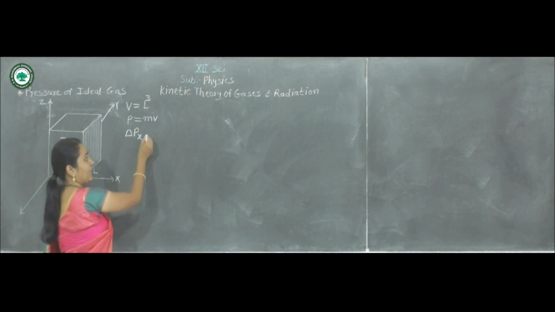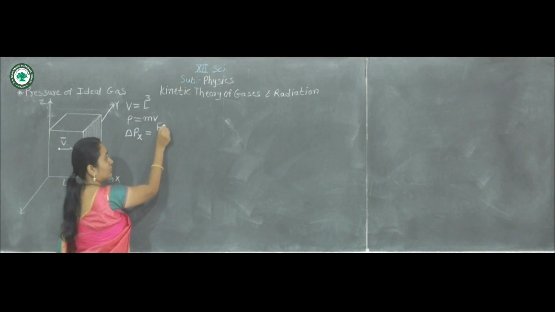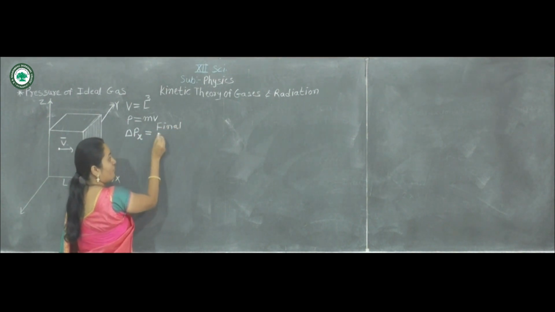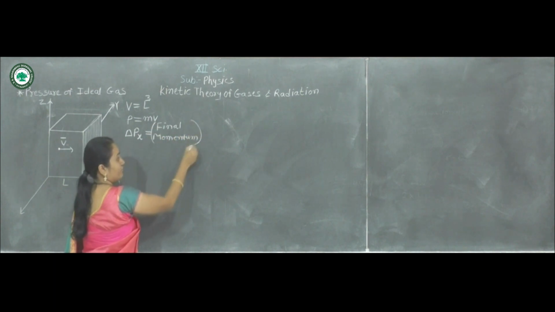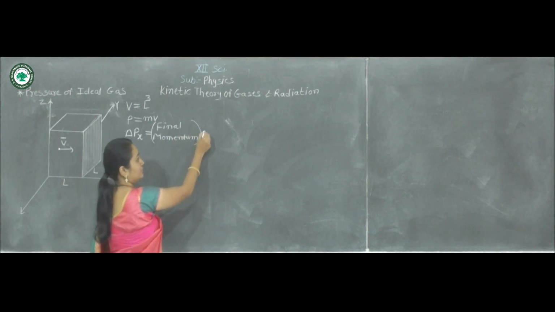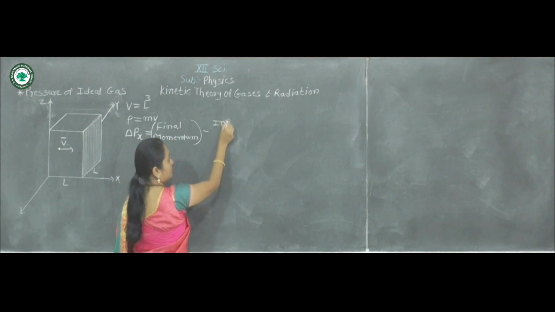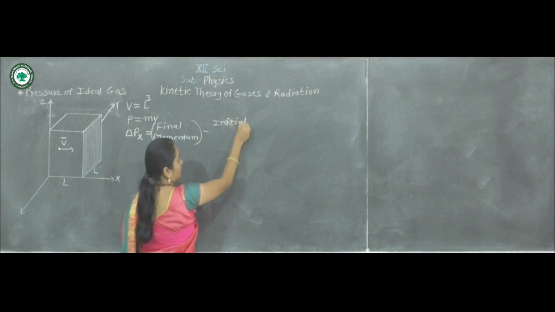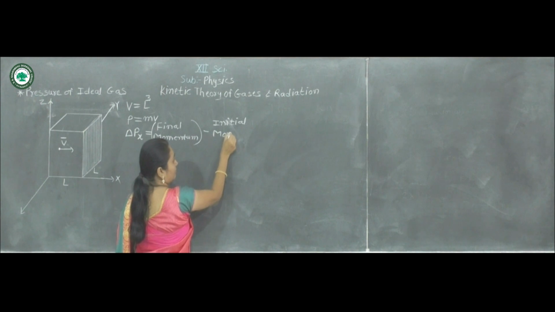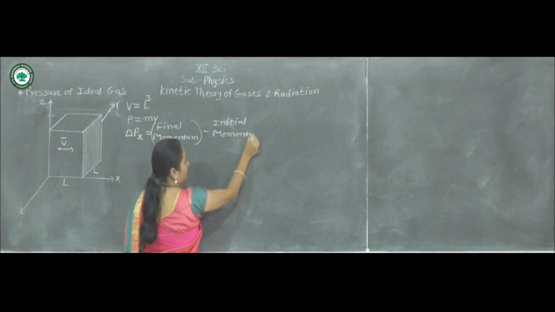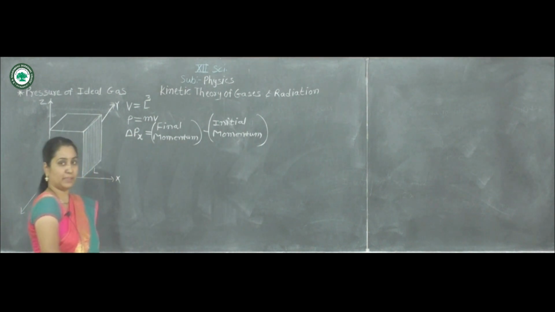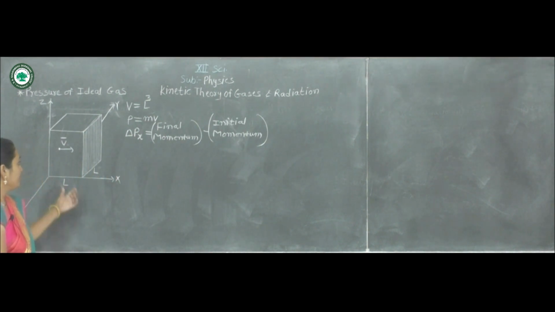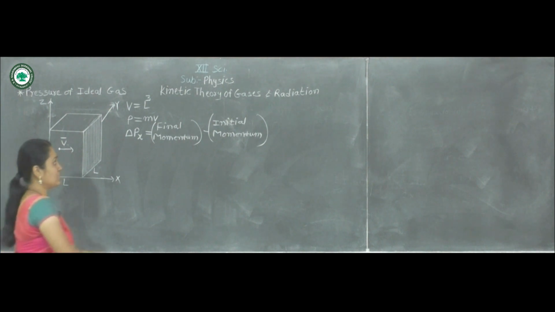Delta px is equal to final momentum minus initial momentum.